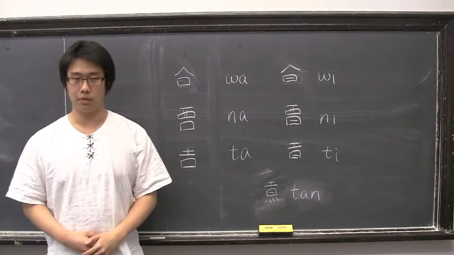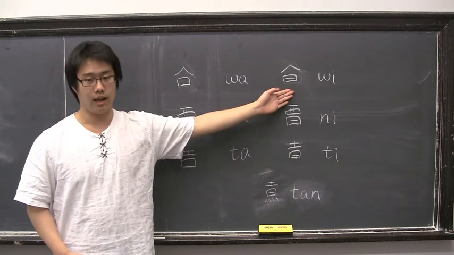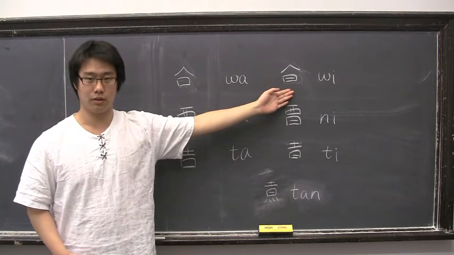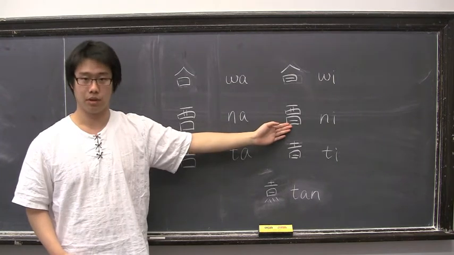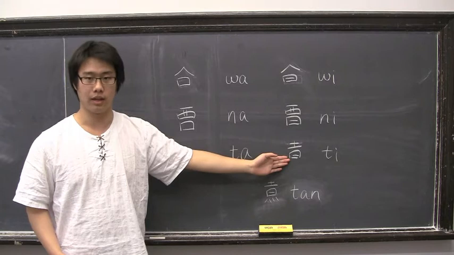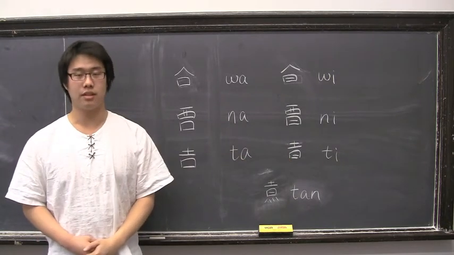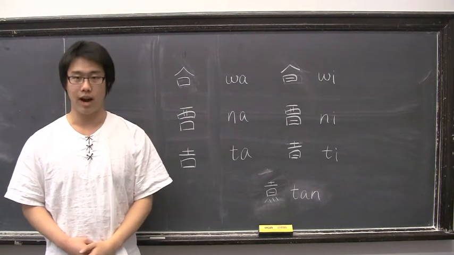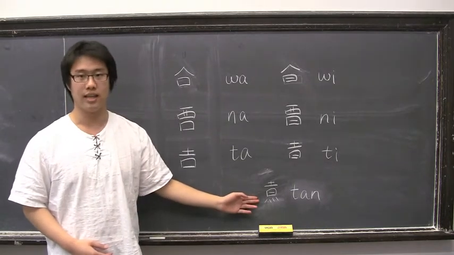We also have plural pronouns, and they are we, which is the first person plural, us, ni, the second person plural, you, and ti, the third person plural, them. As in most Asian languages, we distinguish between animate and inanimate objects, and thus we require a 7th pronoun, and that is tan, which is the inanimate it.